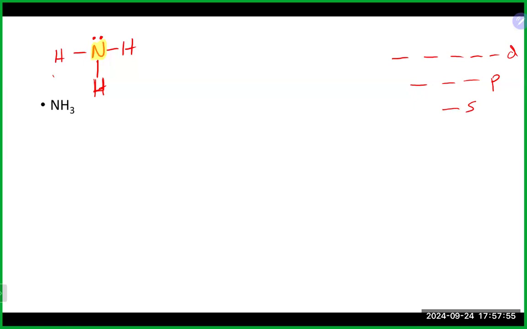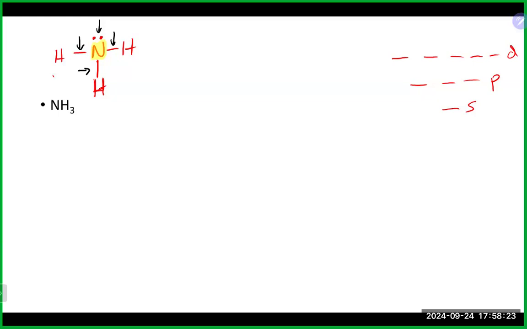That is how you want to count the electron pairs around the central atom when you're doing hybridization. You do it the exact same way as you do it for geometry. So in this particular case, the total number of electron pairs around the nitrogen here is 1, 2, 3, and 4.